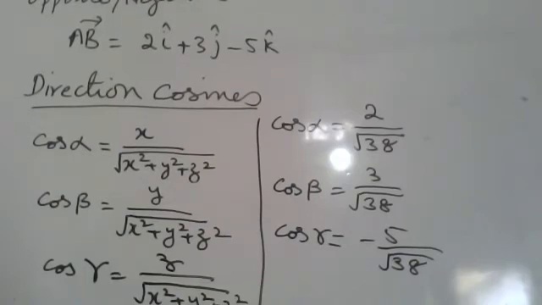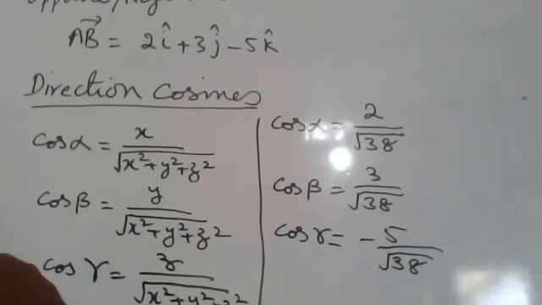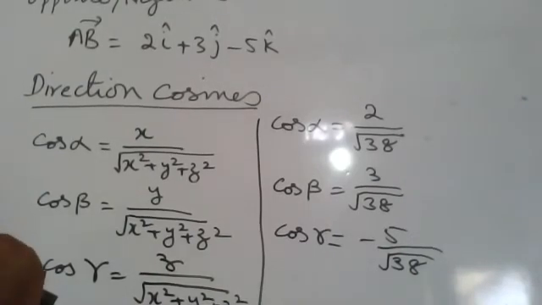But alpha will be from 0 to 180. In the same way, beta will be from 0 to 180, and gamma will be from 0 to 180. It may be 0 or more than 0, and up to 180; it should not be more than 180.